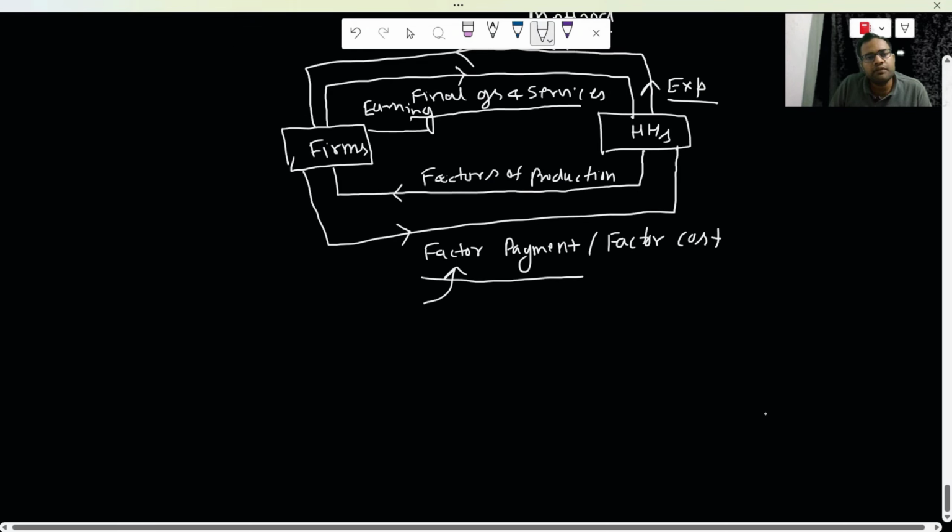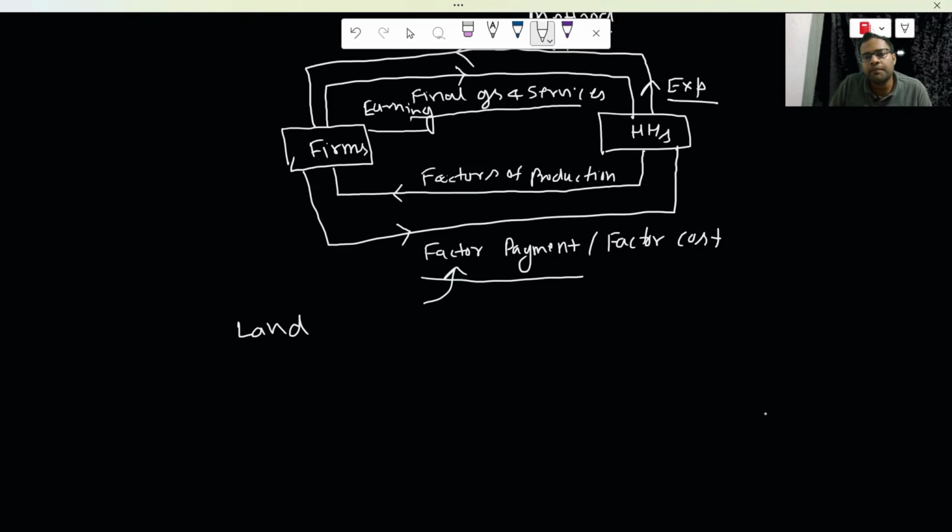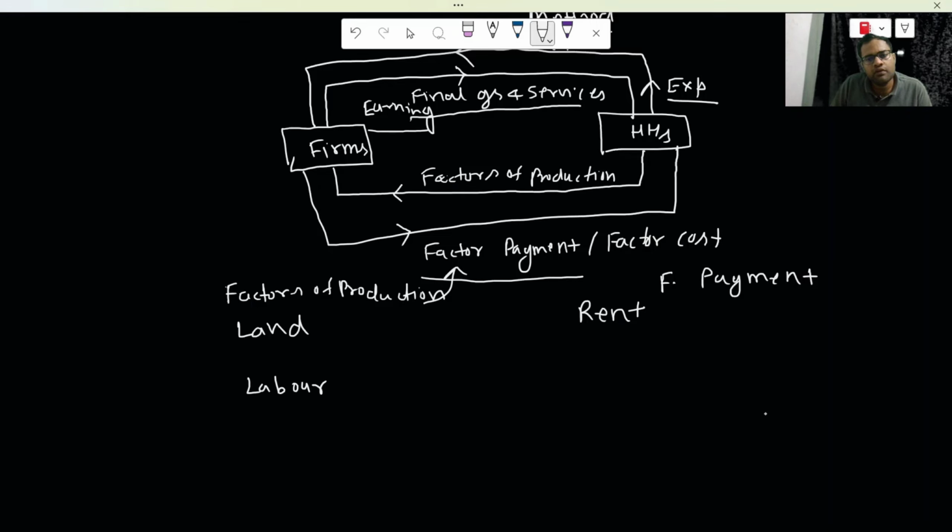For example, if you take the factor of production land, for that firms are paying rent to the household. For the factor of production labor, the firm is paying wages to the household, so that would be the expenditure of the firm, and the same thing is the earning of the household.